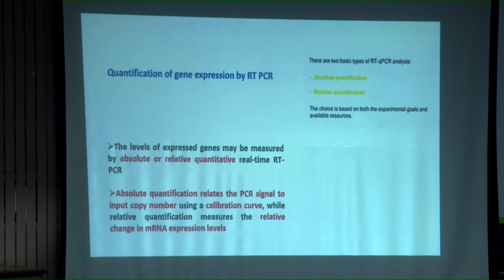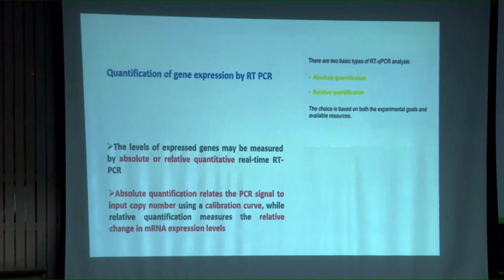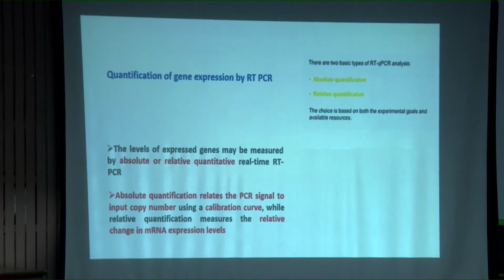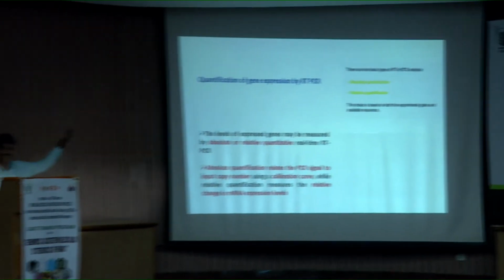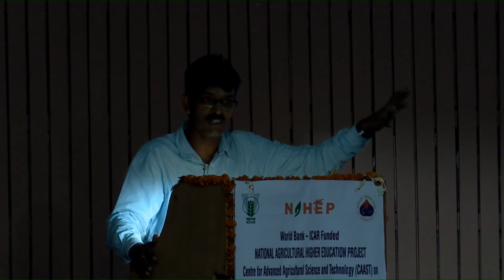One is changes in the expression of genes. One example I told you: if you want to see what is really happening in the transcription of fungi in the presence of an antifungal compound, what you do is create two situations. Situation one is what is called mock or control. It's growing normally.